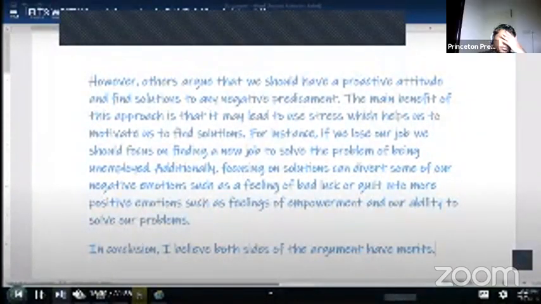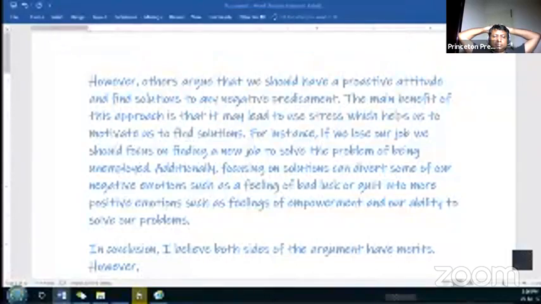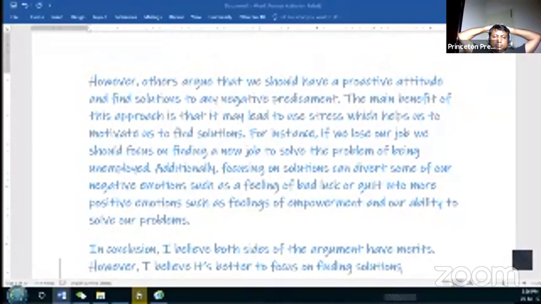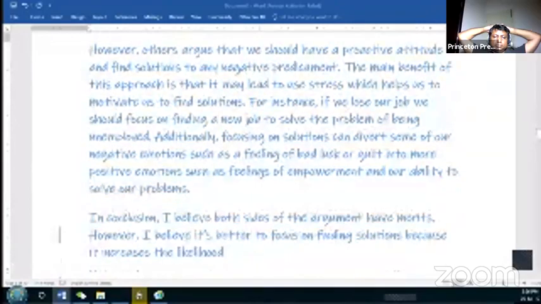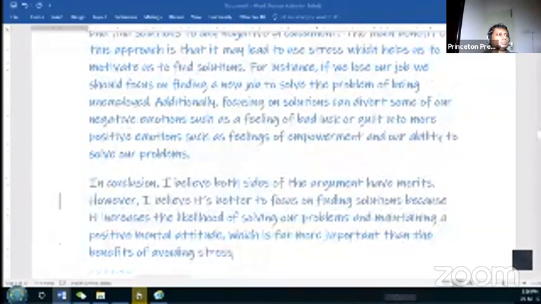We've just mentioned the merits of each side of the argument in the body of the essay, so it's good to acknowledge this. However, I believe it's better to focus on finding solutions because it increases the likelihood of solving our problems and maintaining a positive mental attitude, which is far more important than the benefits of avoiding stress through being accepting of our circumstances.